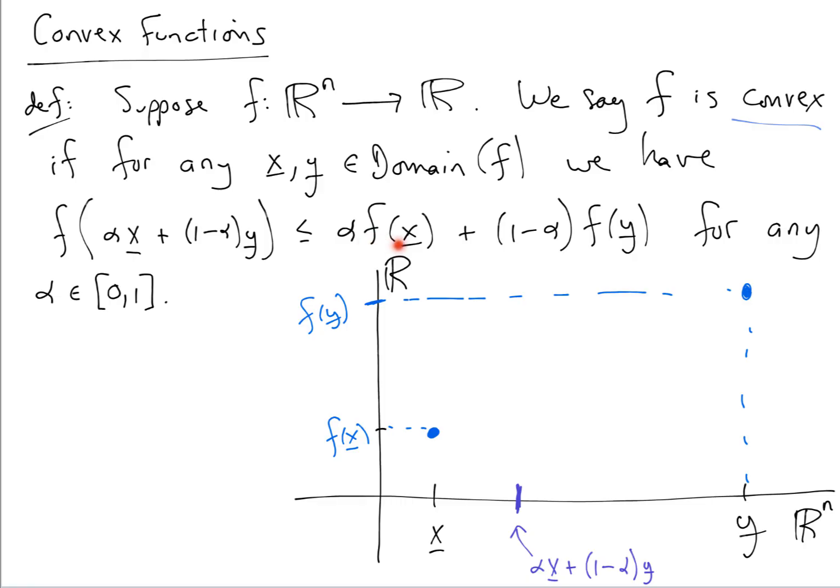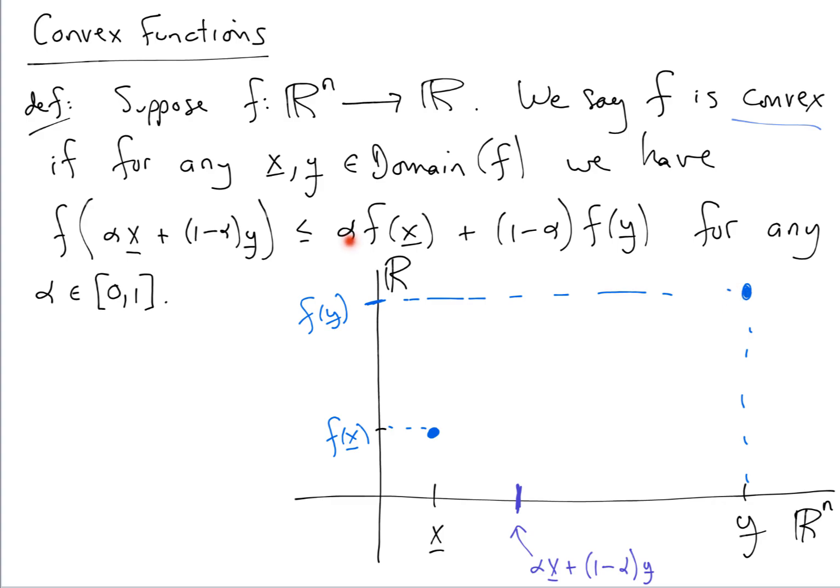This is that weighted average of f of x and f of y with weights alpha and 1 minus alpha. If alpha is equal to 1, this right-hand side is here at f of x. If alpha is equal to 0, then we have this right-hand side being equal to f of y.